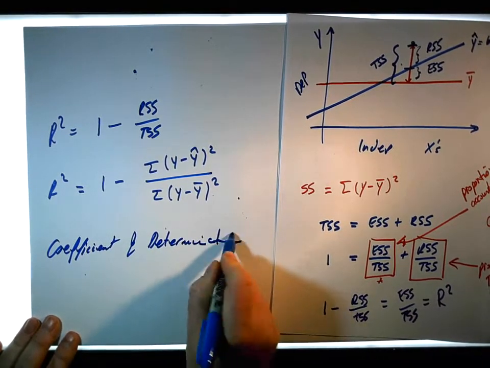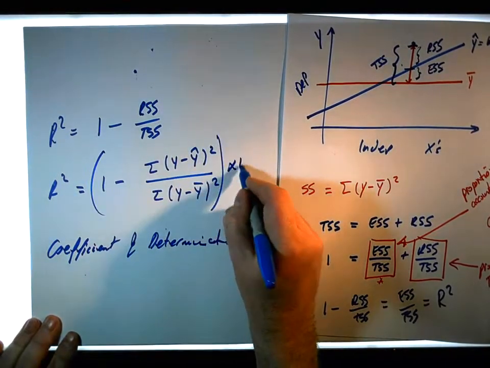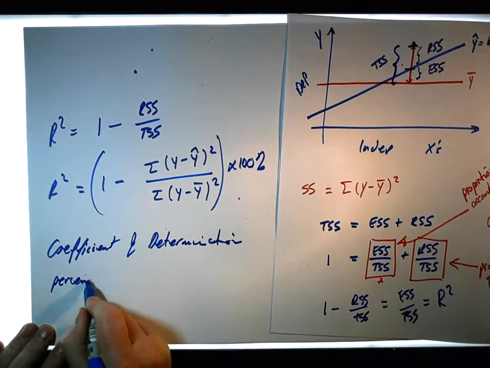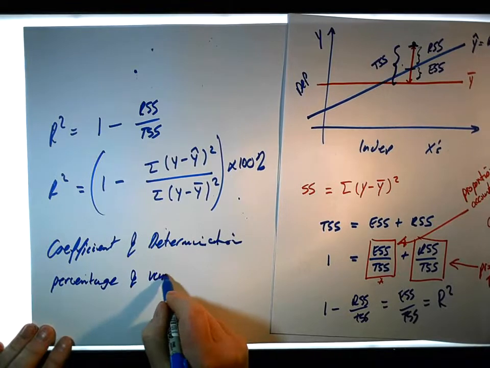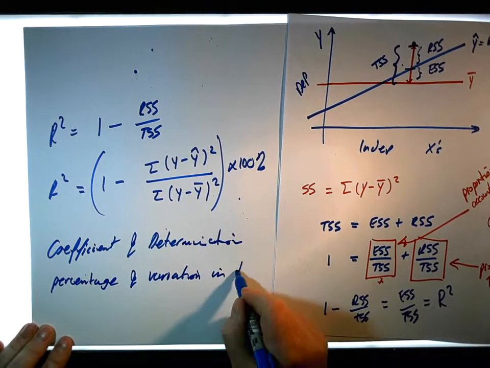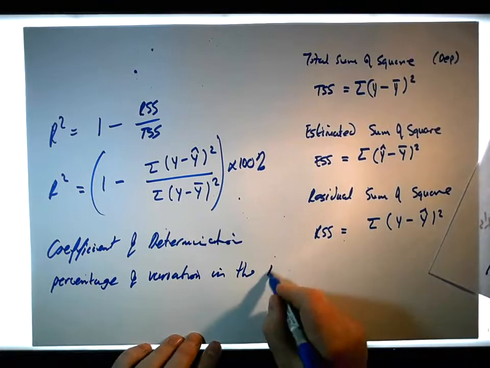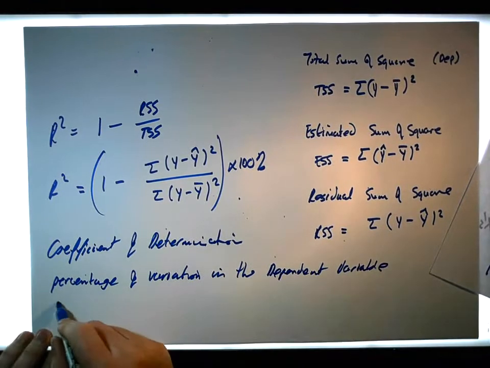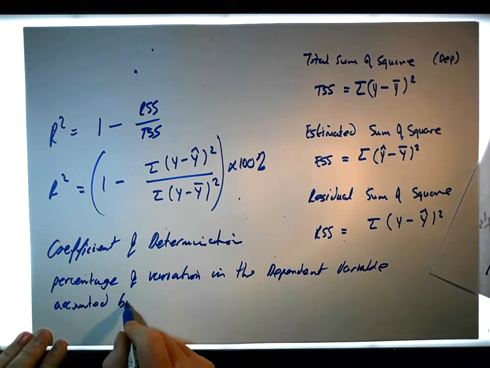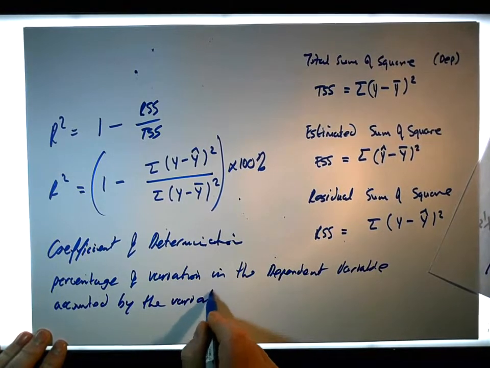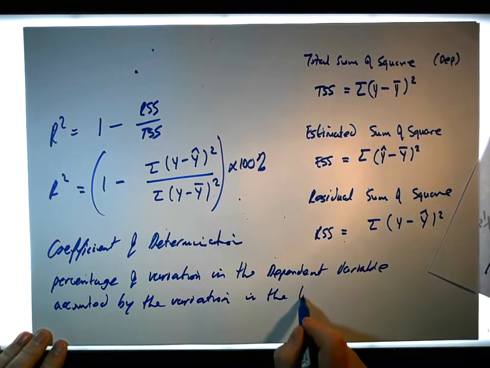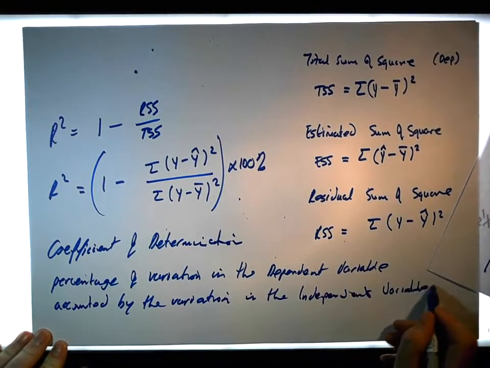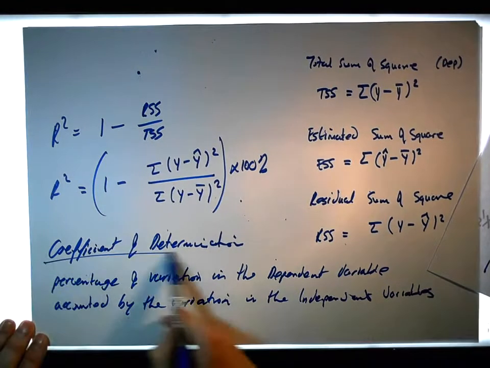If we multiply that by 100, it gives us a percentage, and it's the percentage of variation in the dependent variable accounted for by the variation in the independent variables. Effectively, that's basically what that coefficient of determination is.